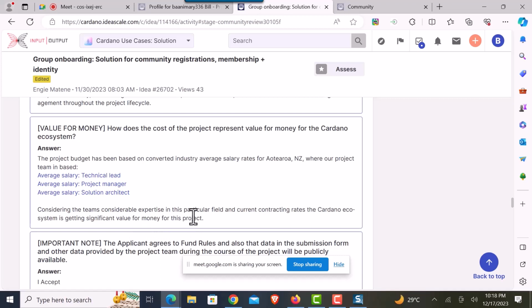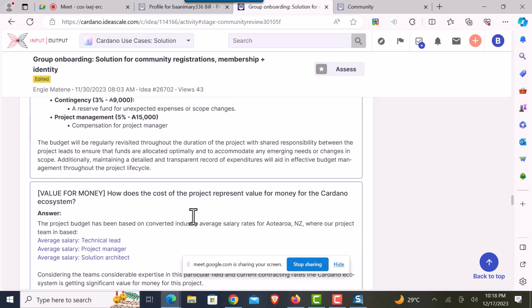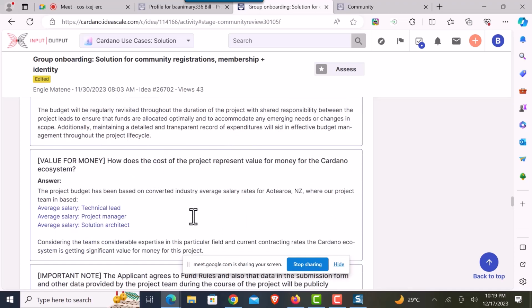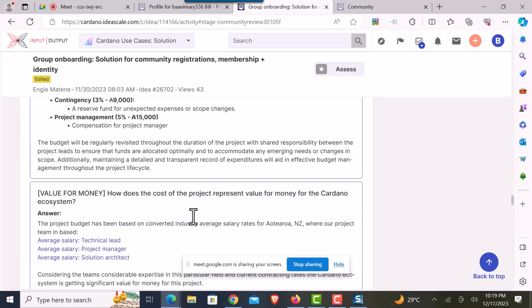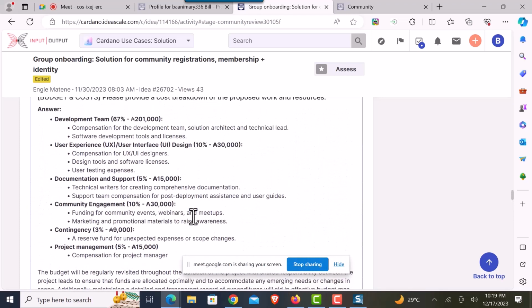So me, what I normally consider under this part is the nature of the project, and that is by extension the expertise required to successfully implement it. We can actually see that it will be demanding some technical leads, project managers, and solution architects.